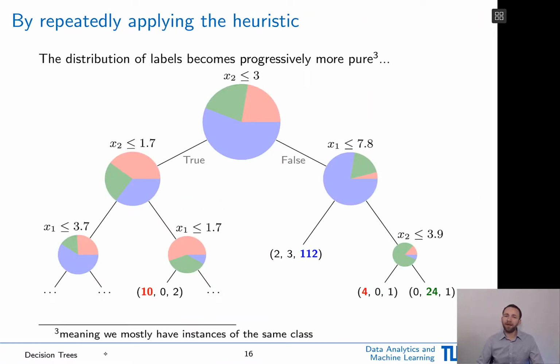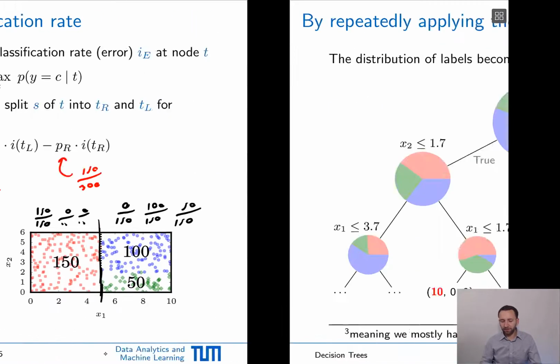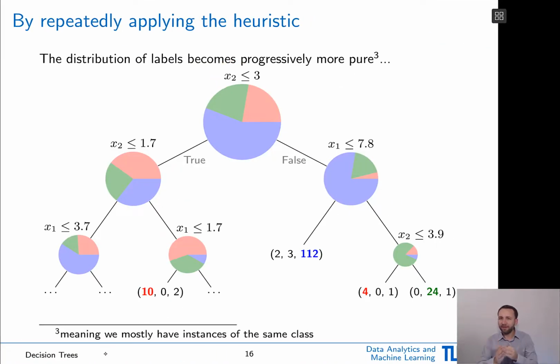And then, as I already said, we do this just recursively in a greedy-like fashion, right? So we start at the full data set, we figure out what is a good split, right? So this one or that one. Once we have decided, we fix it, we really subdivide it in these two children nodes here, right?